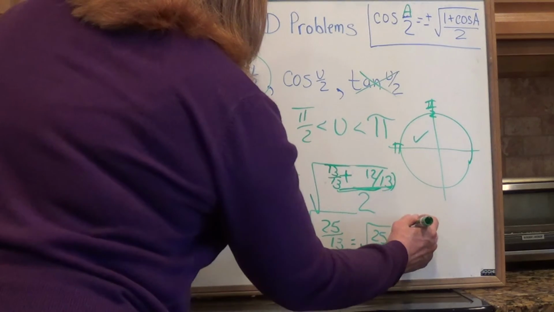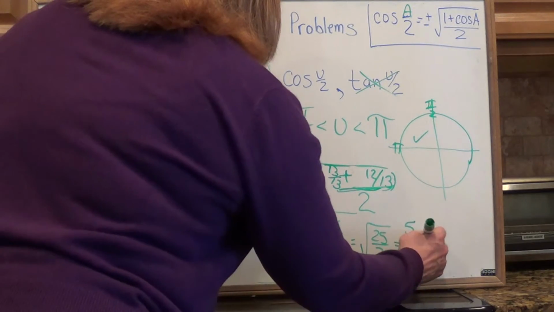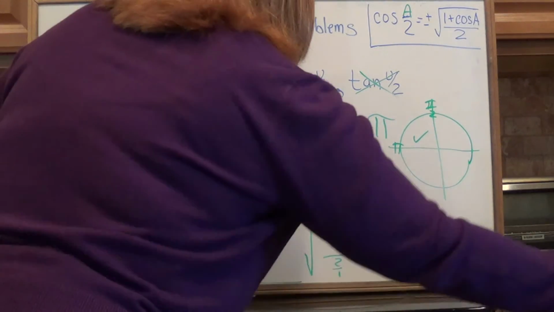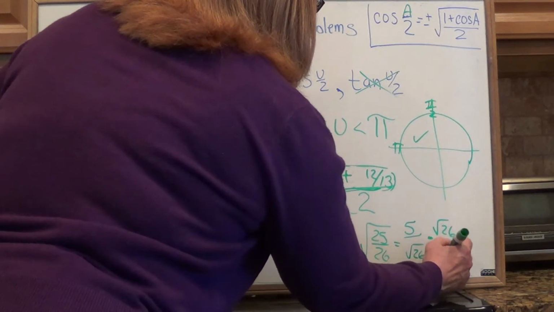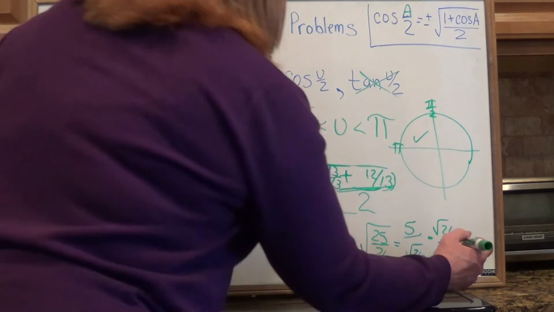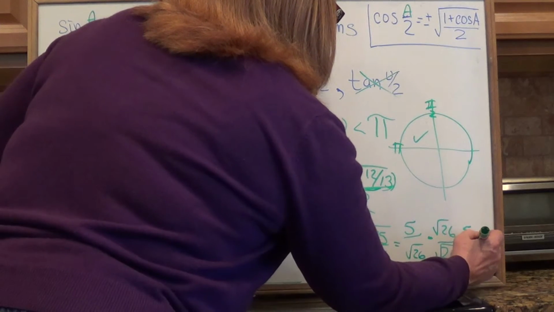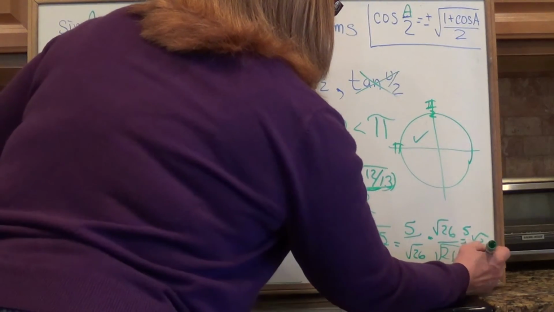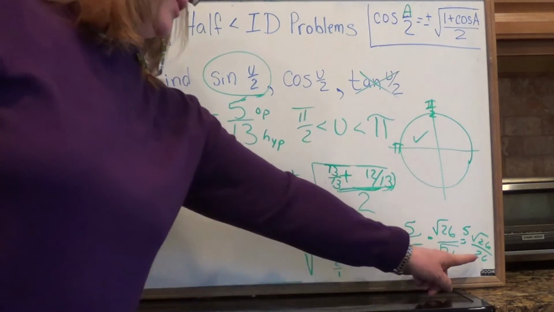Well, I know the square root of 25 is 5, and I know the square root of 26 can be rationalized out of the denominator by multiplying by square root of 26 over square root of 26. In the end, if I have a spot to write it on, I get 5 square roots of 26 over plain 26. Hopefully your work agrees with mine.